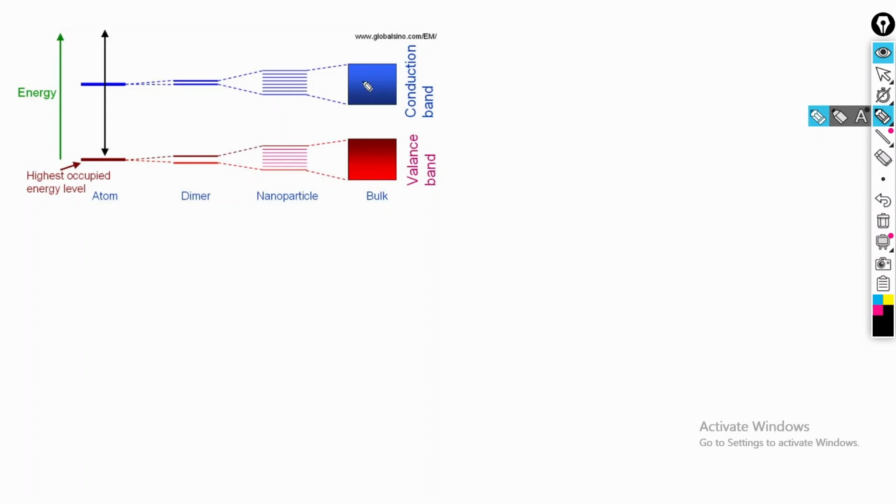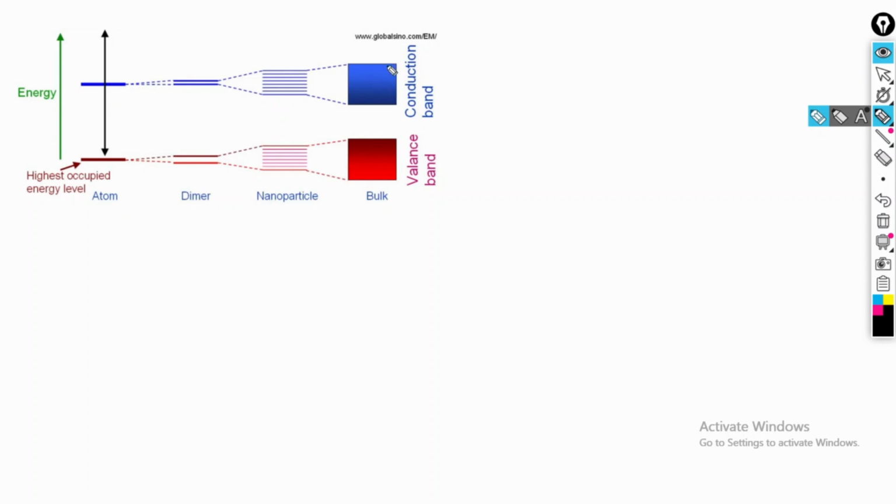And here this is also a band which is formed by the large number of energy states, which come from the combination of a large number of atoms. So here, we know in the atom one shell has different energy than the other shell. So similarly here these shells will also have different energy.